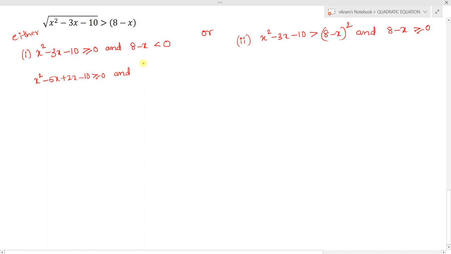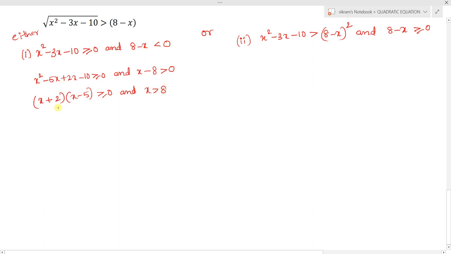Taking the common factor, this gives x plus 2 into x minus 5 greater than or equal to 0, and the other condition is x greater than 8.